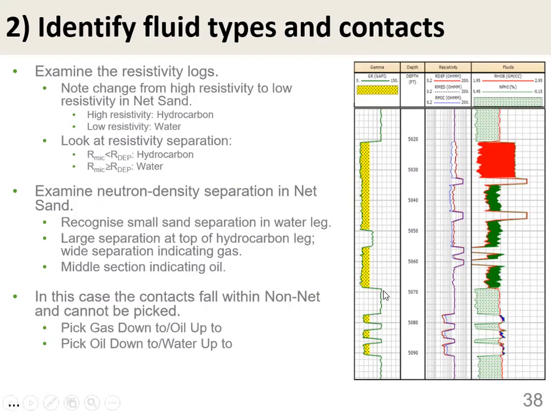But because this fell in non-reservoir rock, what you can probably just do here is to know where you're getting your gas down to, and where you're getting your oil up to. Gas down to, and this is oil up to, and this is water up to.